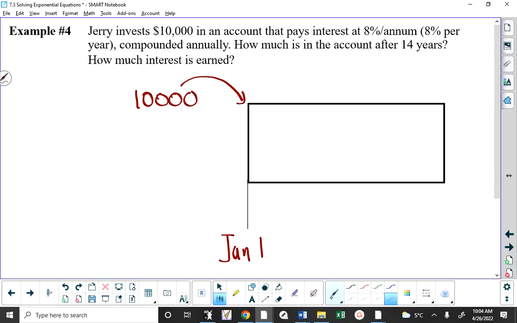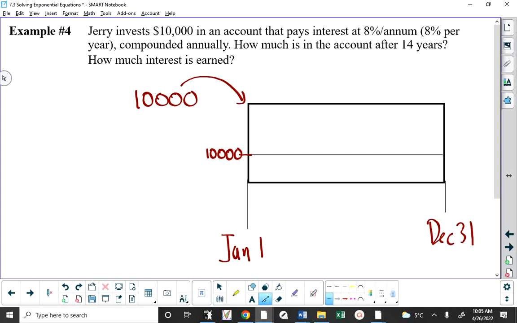Then he's got $10,000 in the account until midnight on December 31st. And at that point in time, it goes up. And we're into the next year. So he gets at the end of the year 8%.